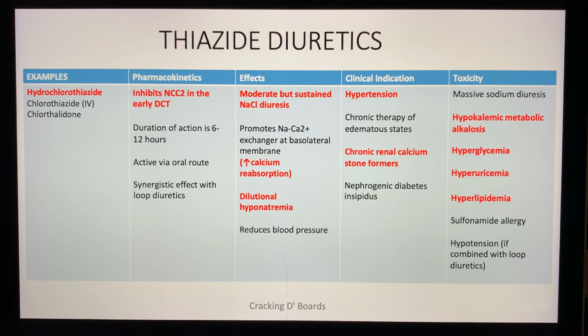Don't forget acute edematous states, congestive heart failure, acute pulmonary edema. Best drug to give would be your loop diuretics. Thiazides can also be given for the treatment of chronic renal calcium stone formers.